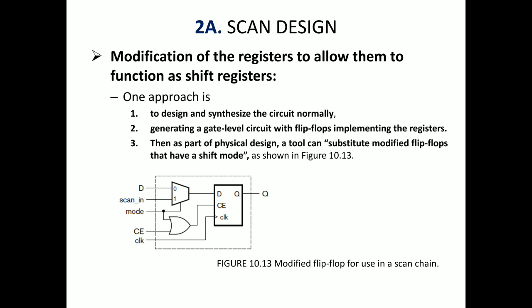The D input is not given directly; the D input is obtained from the output of the multiplexer, where one input of the multiplexer is T, the other input is scan in. The select line of the multiplexer is mode. This is exactly similar to what we saw in the scan chain. The control enable signal CE is there, and also the clock. This is the modified flip-flop.